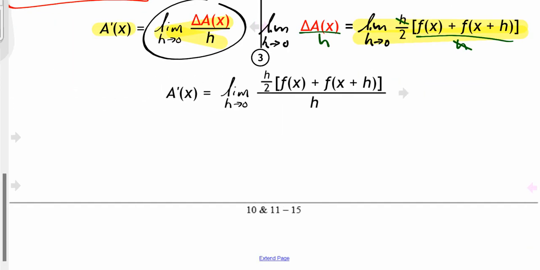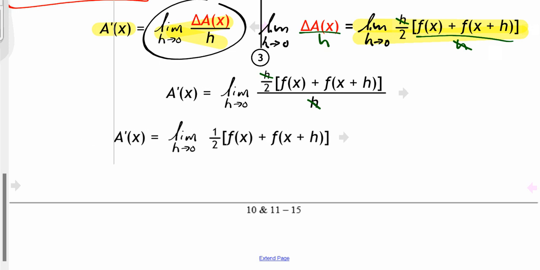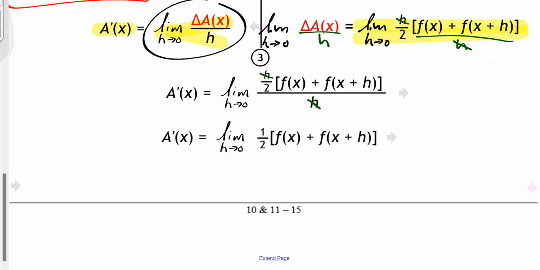So here we go. And I keep sticking those h's in. That should just be canceling out already. Hey, if those h's cancel out, then what happens as h goes to 0? f of x plus f of x, which is 2f of x times a half, is f of x.